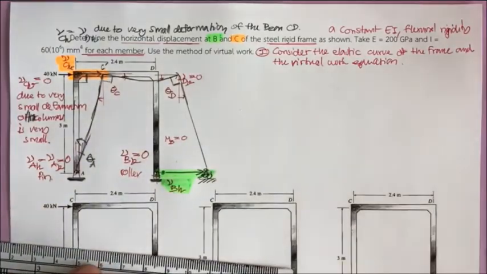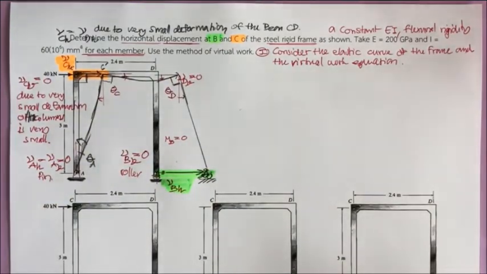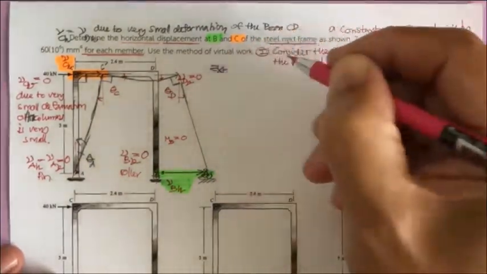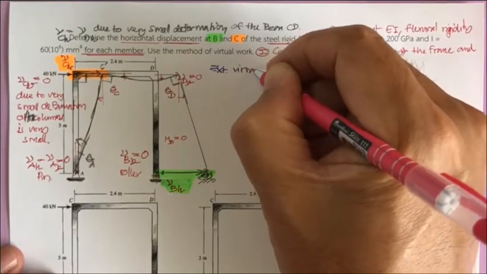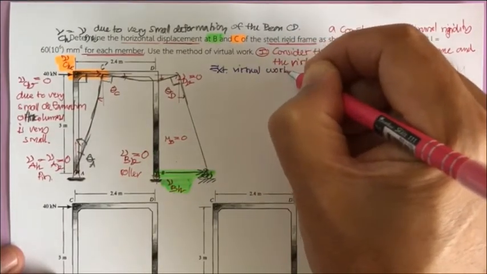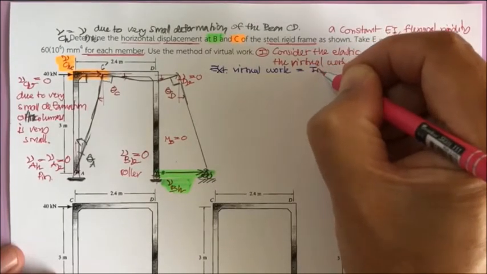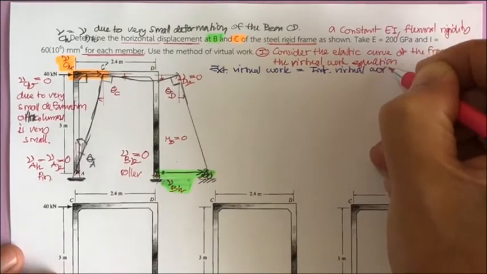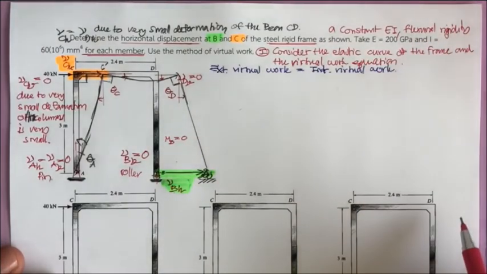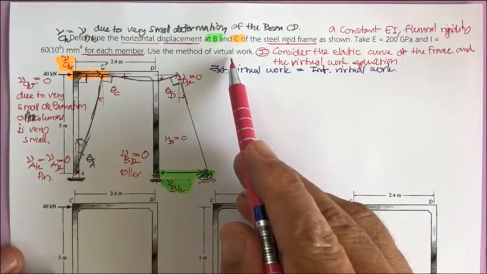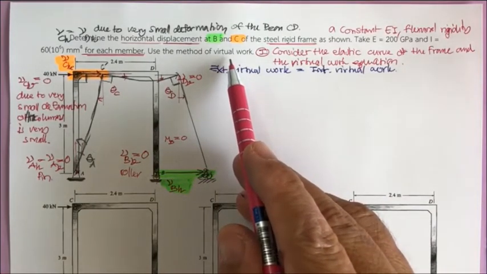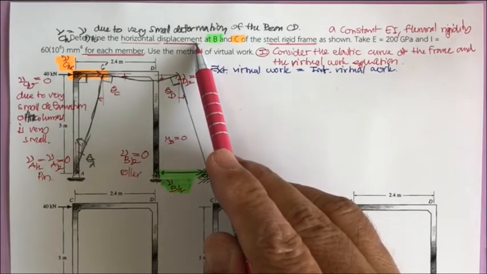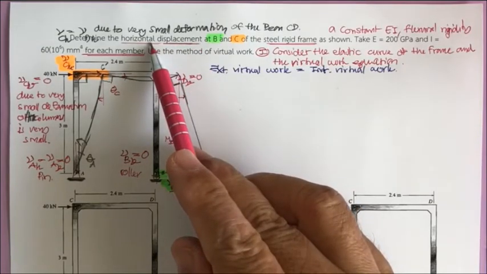And then we have the virtual work equation. From the virtual work equation, the external virtual work must be equal to the internal virtual work. What this means is that if we would like to use the method of virtual work, we apply a unit load to determine the displacement in the horizontal direction.